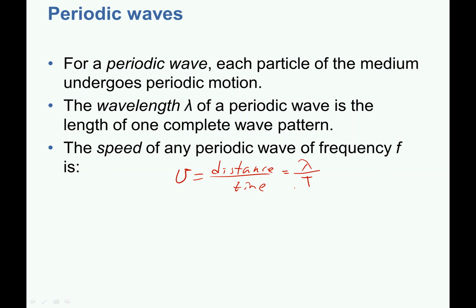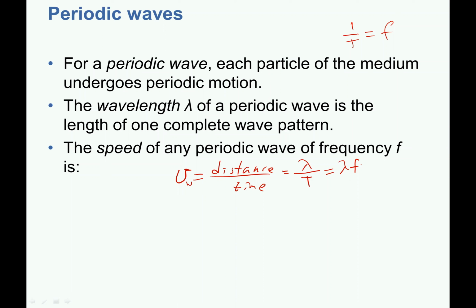Well, it's the period T. That means the wavelength divided by the period is the speed of that wave. Well, remember, 1 over T is also equal to the frequency. So I can say it's wavelength times 1 over T, but 1 over T is the frequency, so it becomes wavelength times frequency. And probably this is the more commonly used version of the speed of the wave.